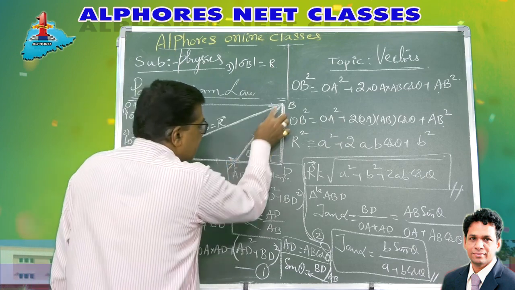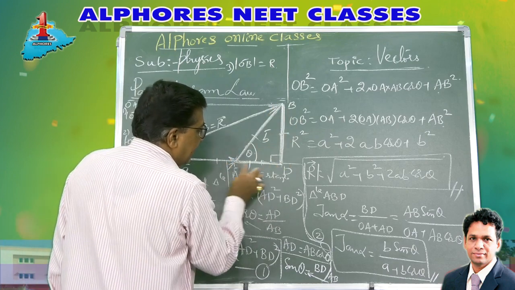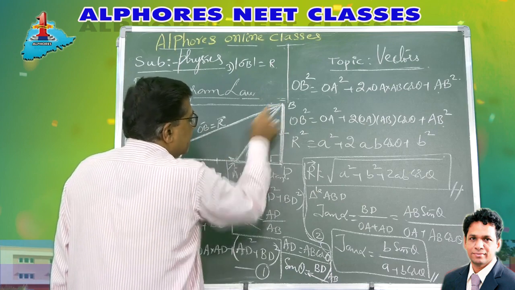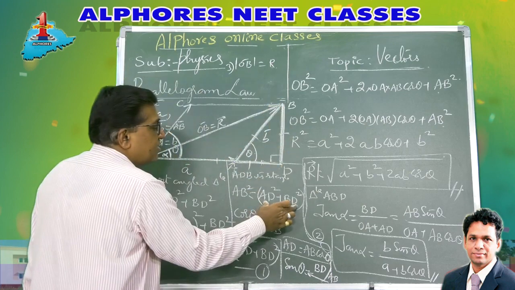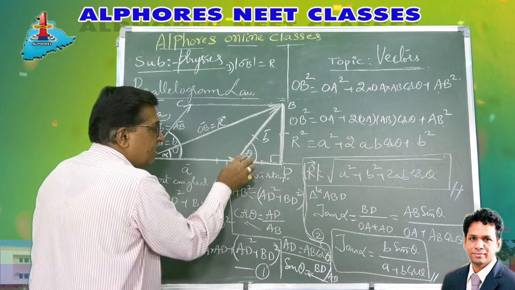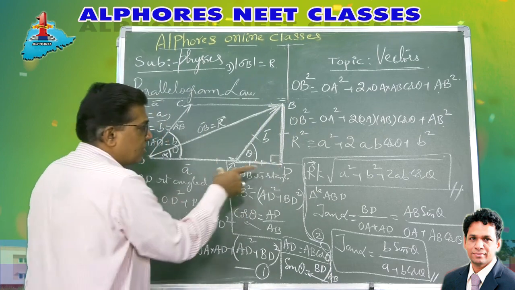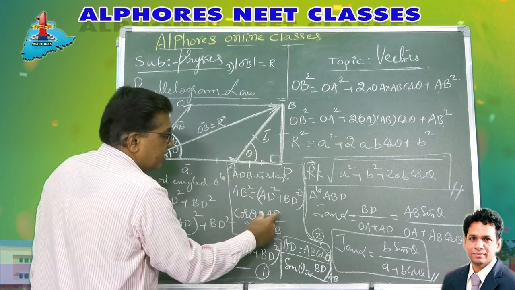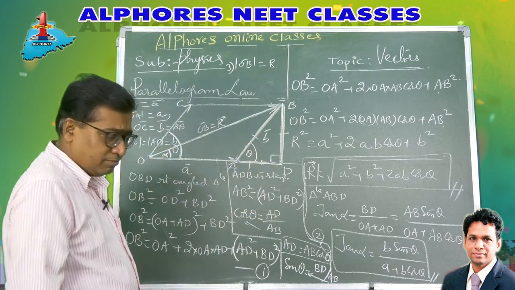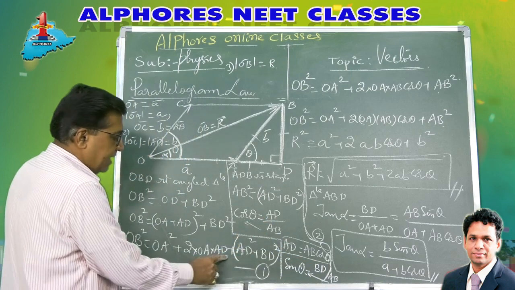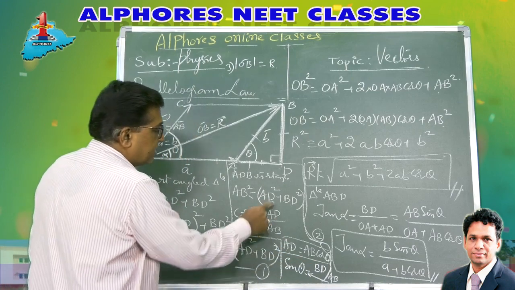But now consider this triangle, small right angle triangle ABD. Now in this one, hypotenuse, apply Pythagoras theorem. AB square is AD square plus BD square. So AD square plus BD square is AB square. Cos theta adjacent by hypotenuse, AD by AB. Cos theta is AD by AB. So AD is AB cos theta. Now substitute these two in this. AD is AB cos theta, AD square plus BD square is AB square.